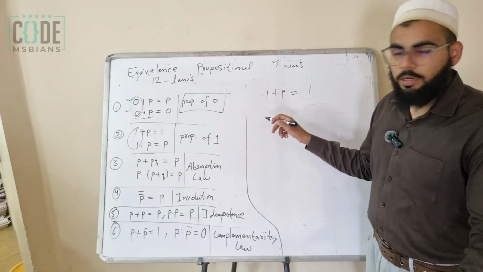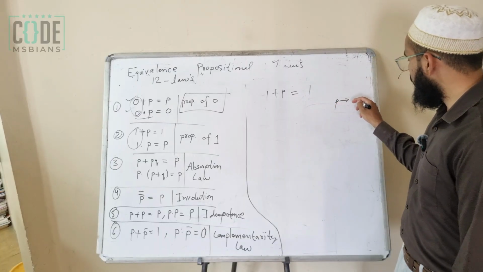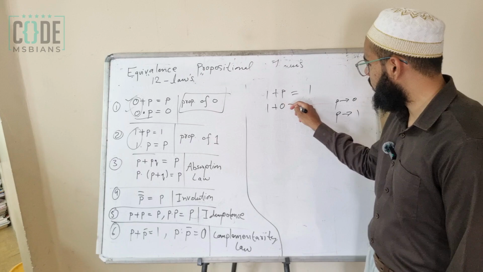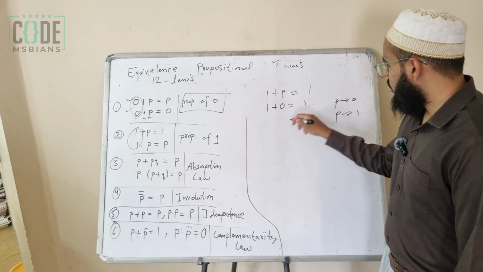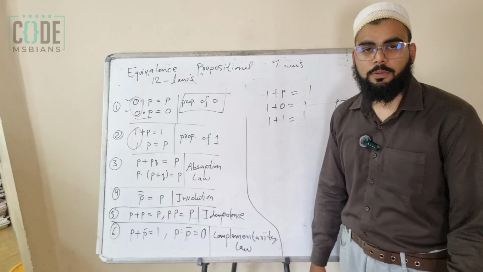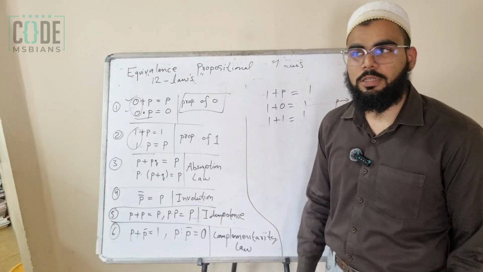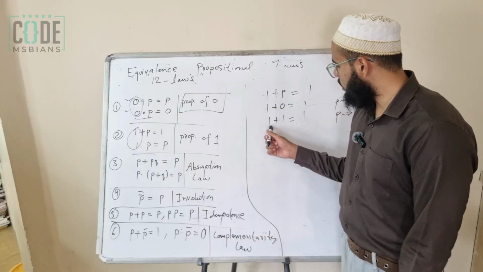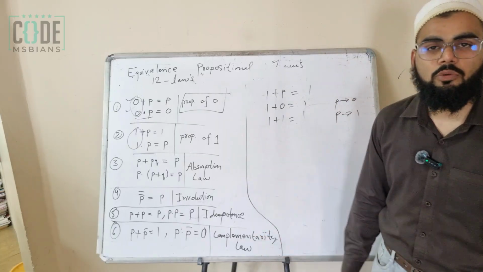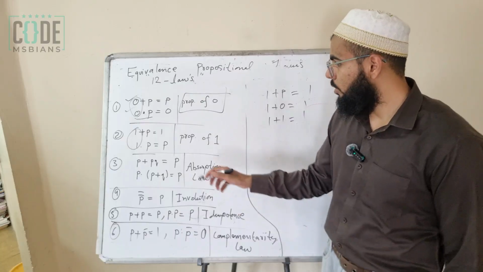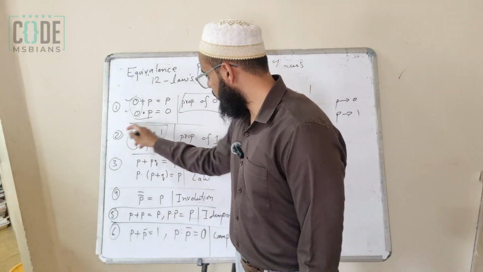Simple, we already know that p can have two values, either 0 or 1. So 1 ORed with 0, or 1 ORed with 1, will give you 1 only. Coming to the OR gate, we know the OR logic is that any one statement must be true, not all the statements. Although if all the statements are true, it will give you true, if even one statement is true, it will also give you true. So that's the reason 1 plus p is equal to 1.